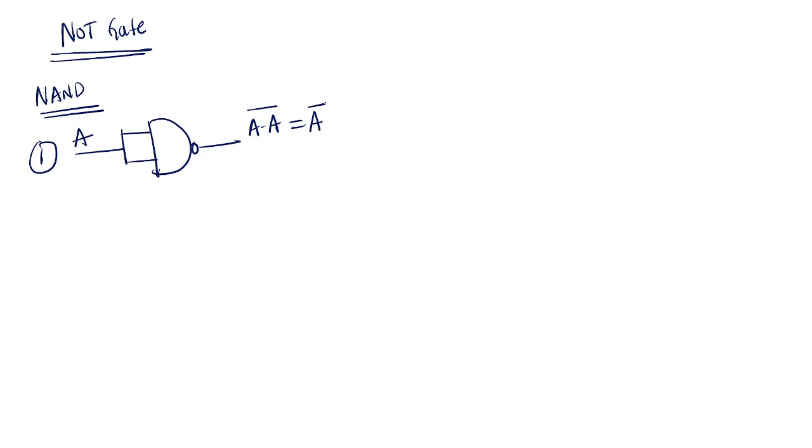The second representation is where one input is given to the NAND gate and the other input is given logic 1. A and 1 whole bar equals A bar. This is the NAND realization.